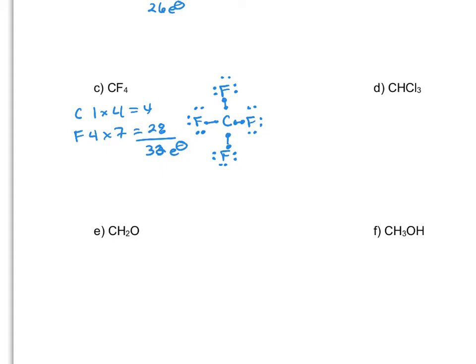And so now we're at our total of 32 electrons. And there is a difference between the electronegativity of carbon and fluorine, so there will be bond dipoles from the carbon towards the fluorine in all bonds.